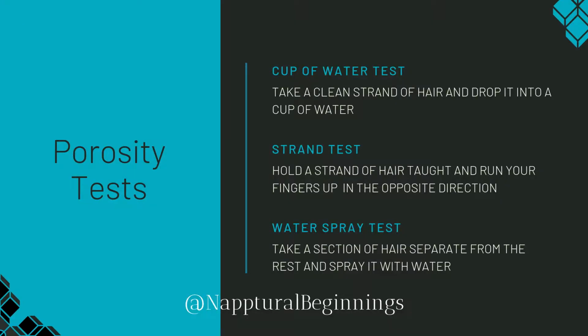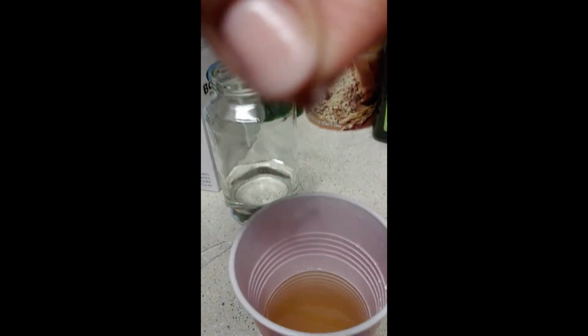So how do you determine how porous your hair is? There are 3 tests that you can use to figure out your hair porosity: the cup test, the strand test, and the water spray test. Here I'm going to quickly demonstrate how to perform the cup test.